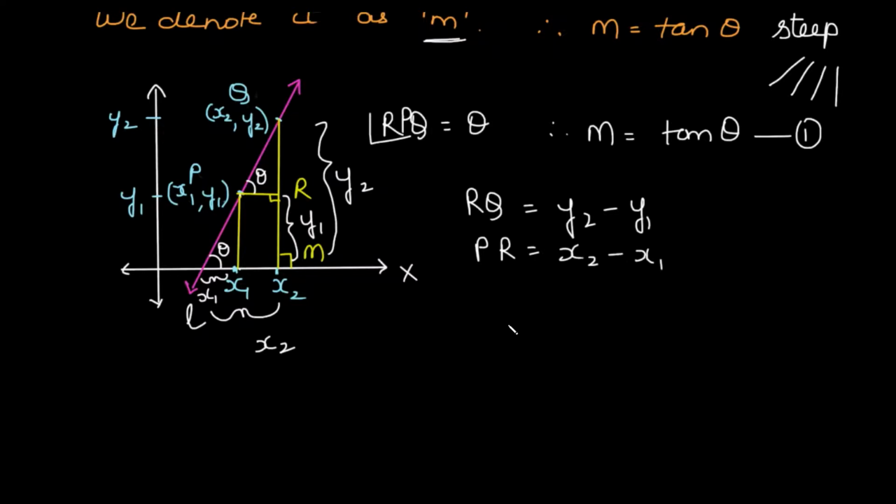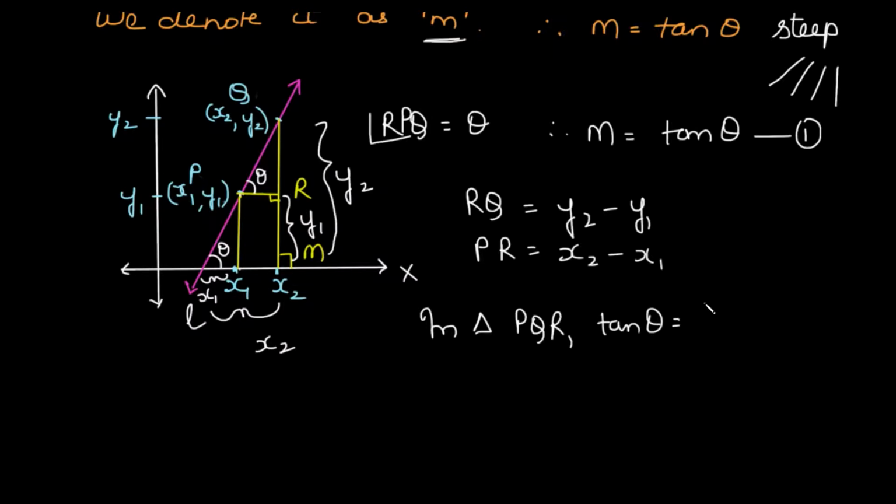Now, take the triangle PQR. In this particular triangle, what is tan theta? You know the formula for tan. According to trigonometry, tan theta is opposite upon adjacent.